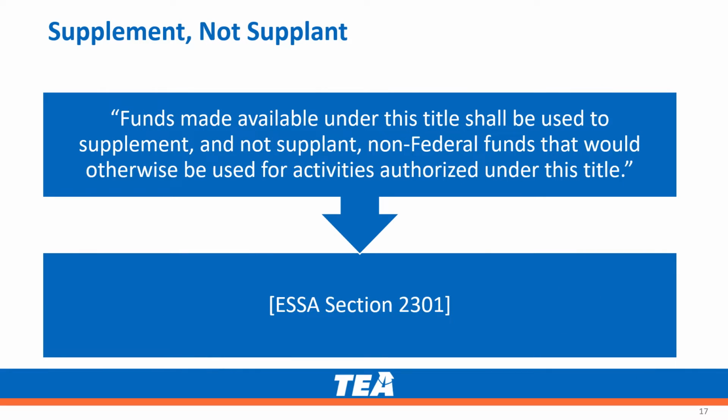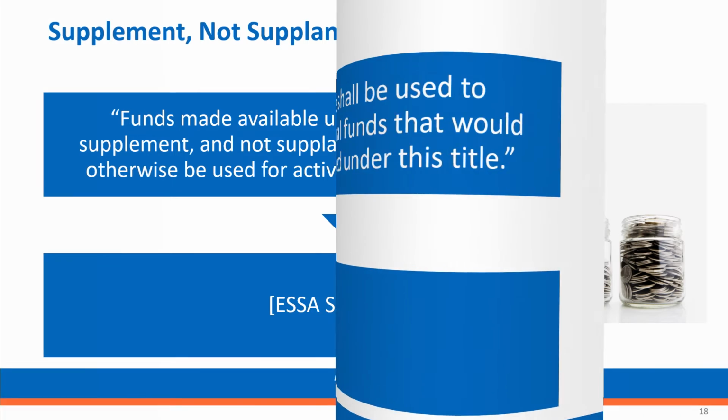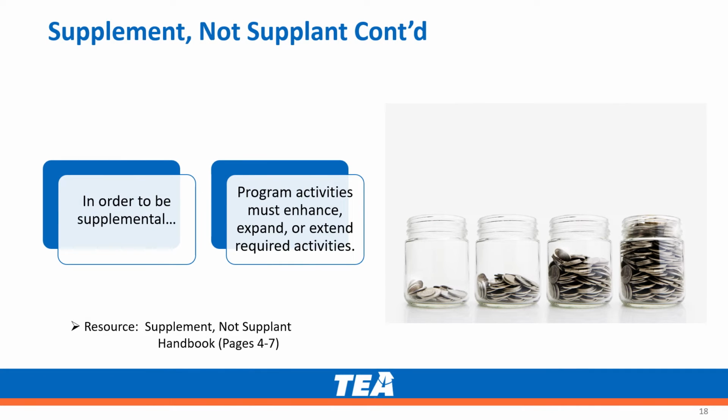The Title II Part A statute states that funds made available under this title shall be used to supplement and not supplant non-federal funds that would otherwise be used for activities authorized in this title. In order to be considered supplemented, Title II Part A program activities must enhance, expand, or extend any required activities.